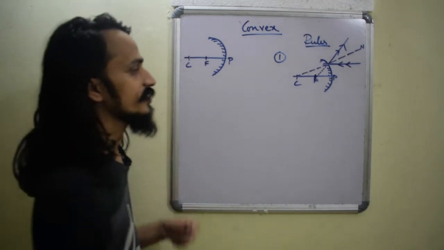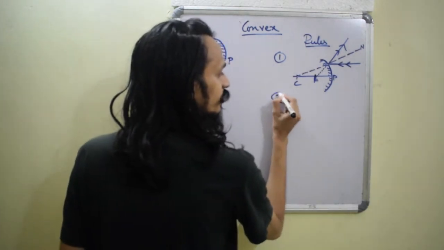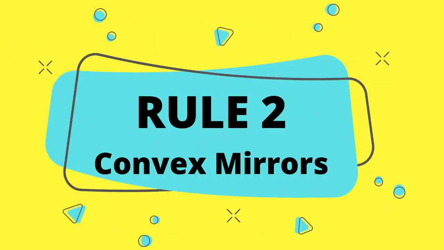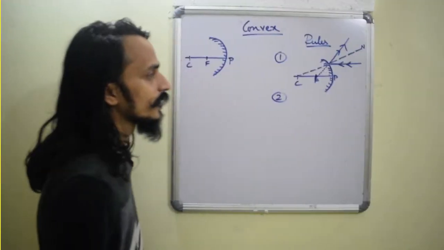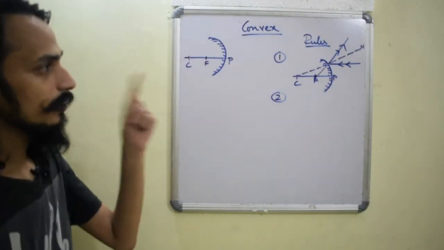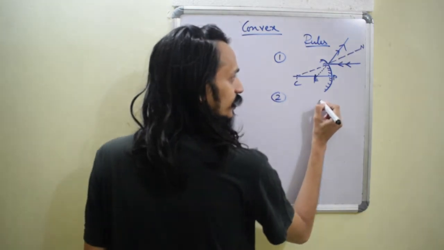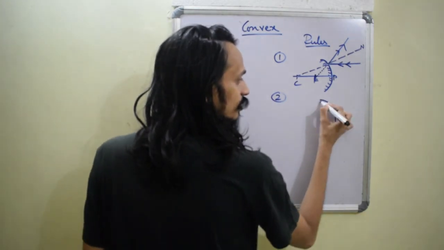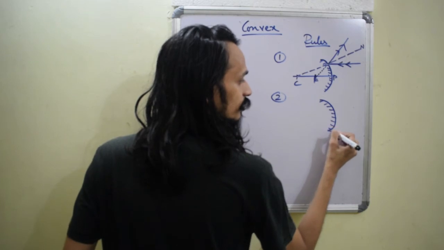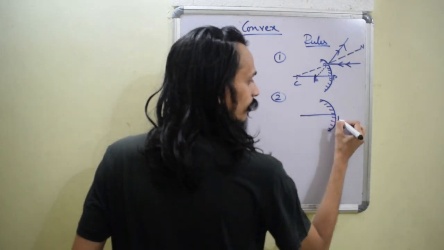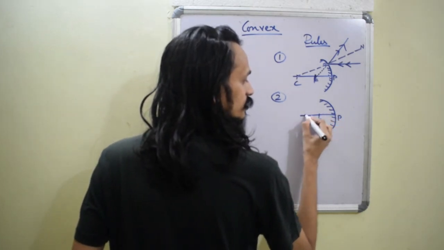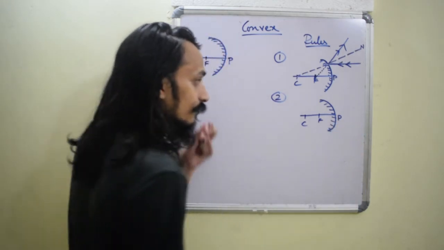Now similarly, the second rule is opposite to this. If I take a convex mirror, pole, focus, center of curvature.